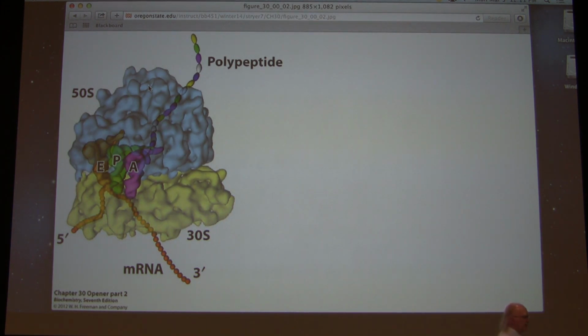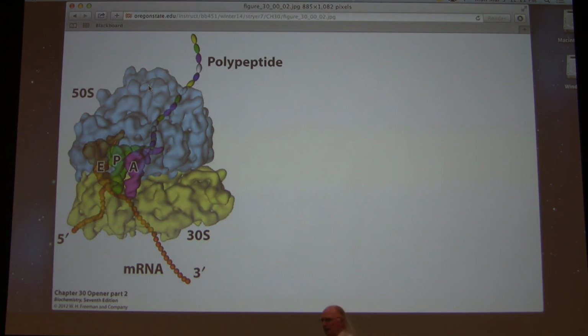Now the A site, the P site, and the E site, excuse me, are places where the transfer RNAs will come in and bind and see if they can base pair with bases in each of these sites. If they can, and that test will be done actually in the A site, then everything is fine and dandy and translation proceeds. If they cannot, then they're basically kicked out of the ribosome until the right one comes in.